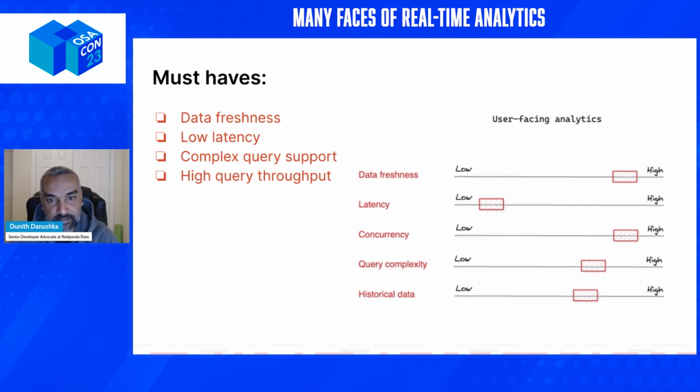That could be hundreds of thousands of people concurrently browsing a dashboard. Just think of your Apple smartwatch, where you open up the fitness dashboard and see your results after a run. There can be hundreds of thousands of concurrent users watching the same dashboard at the same time, and that will spawn the same amount of queries to the underlying database. So high query throughput must be supported.